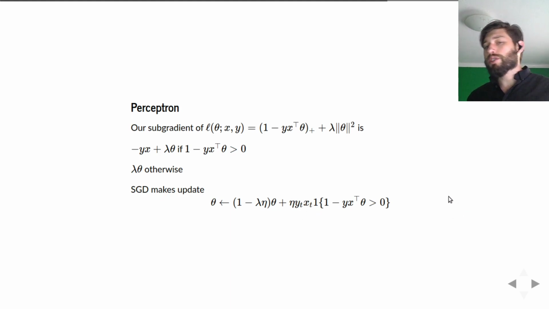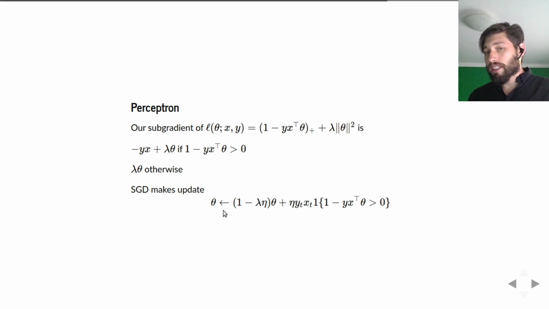And so suppose y_t is 1. Then we're going to add to theta some amount of x. So we're going to move theta in the direction of x. In the other case, if y_t is minus 1, then we're going to move away from the direction of x. And that's if we were wrong.